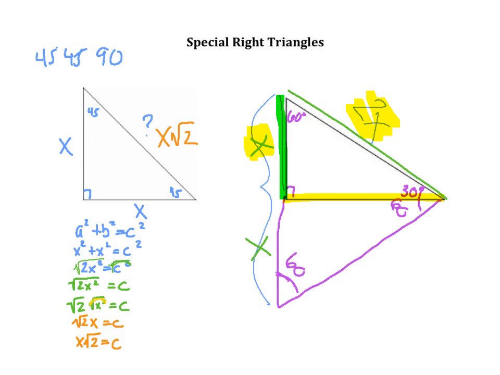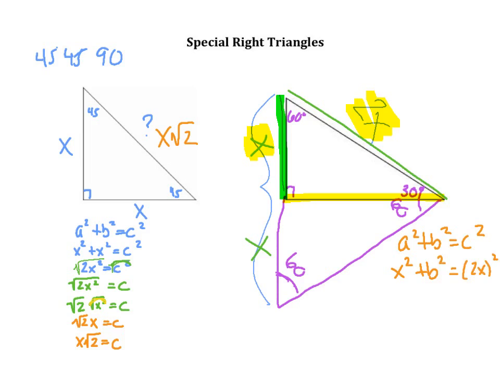So I have a squared plus b squared equals c squared. My a is going to be the x, so x squared. I'm trying to find what my b is, and then my c squared is going to be 2x, so I have 2x squared.